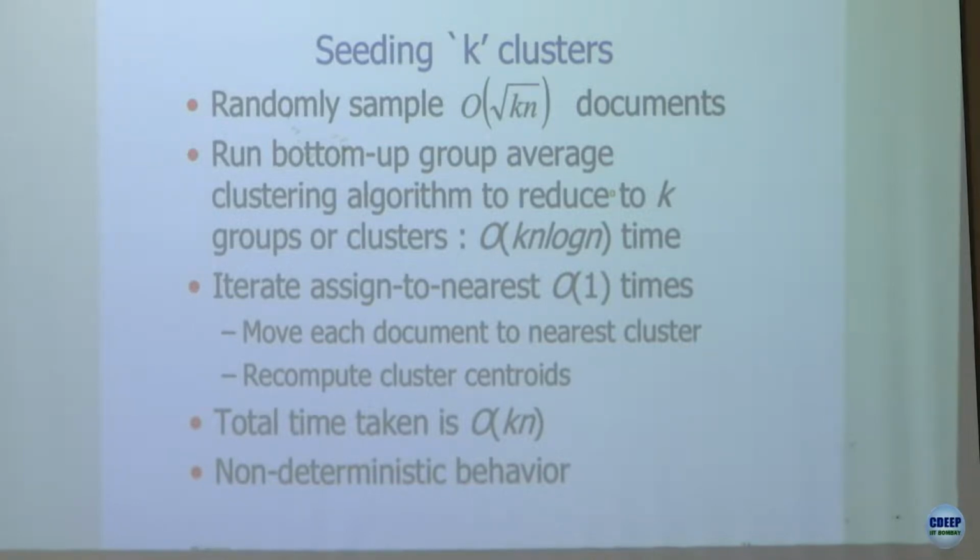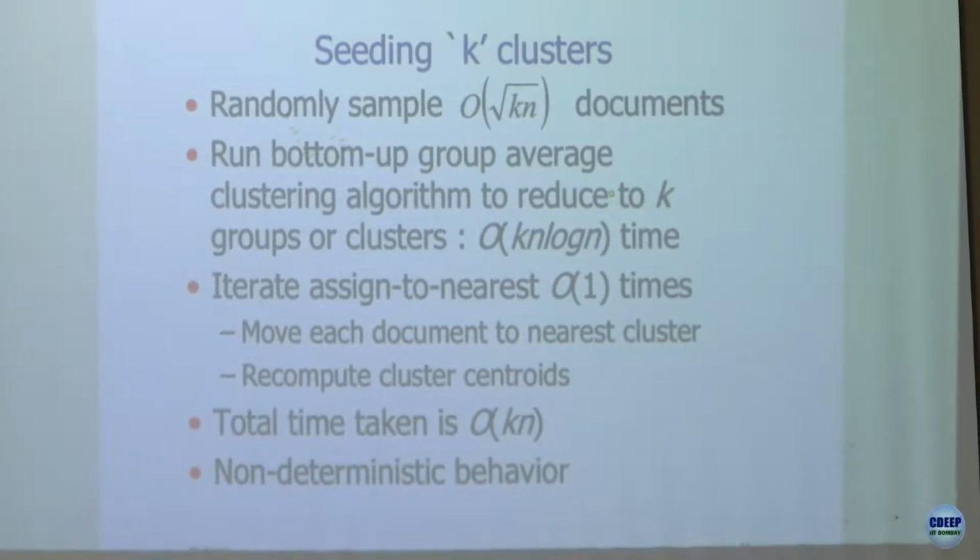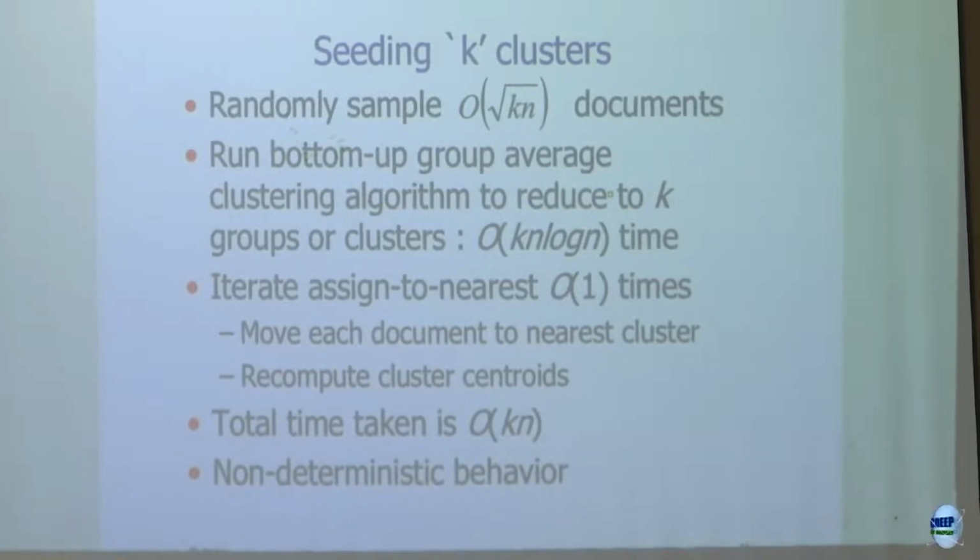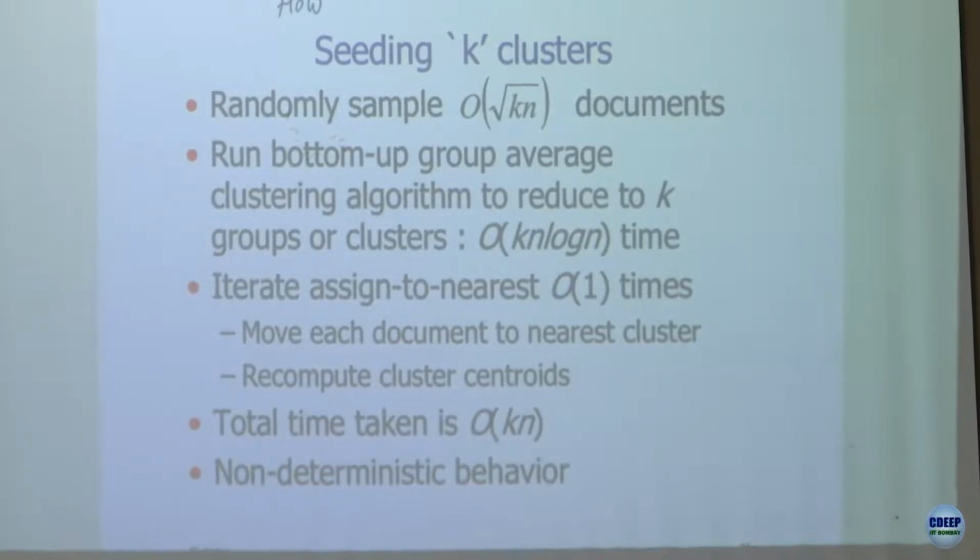So there is a kind of bias, and you are trying to bring in that bias, which is often useful. So yeah, you can actually seed the K clusters. This is interesting. This is how bottom up can seed top down.